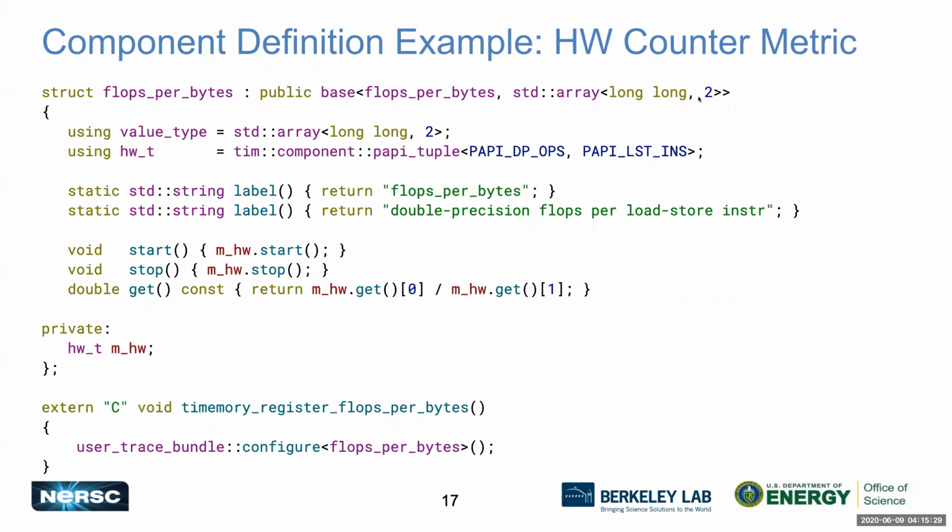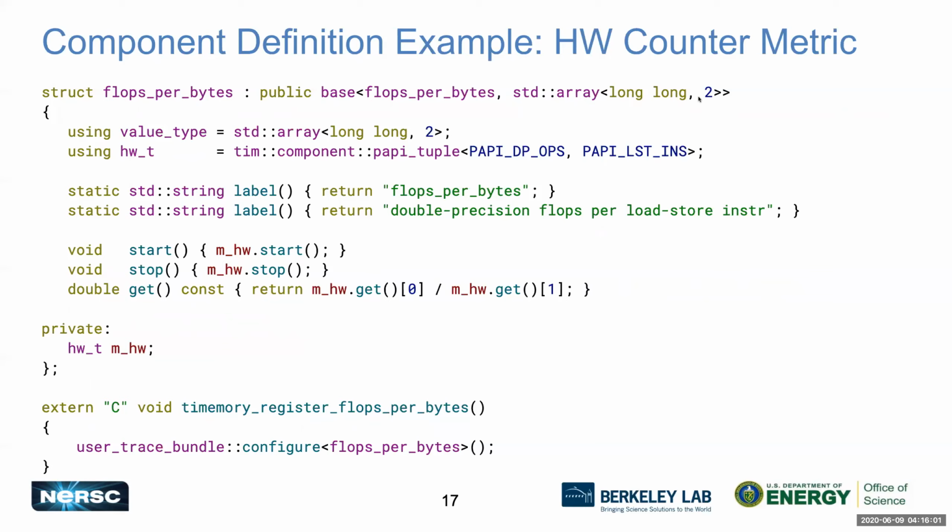What will happen is right after the call to main, Timemory will inject the call to Timemory register flops per byte, and user trace bundle will get configured with our new tool. This new tool is a fully integrated component at this point.